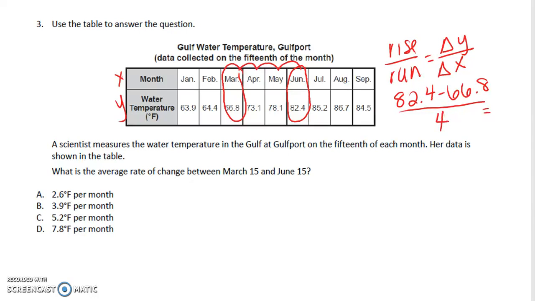March to June, I meant 3 months right here: March to April, April to May, May to June, a 3 month change. Then 82.4 minus 66.8 is 15.6, over 3. So my average rate of change would be 5.2 degrees Fahrenheit per month.